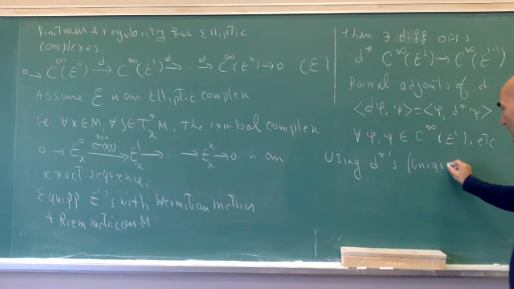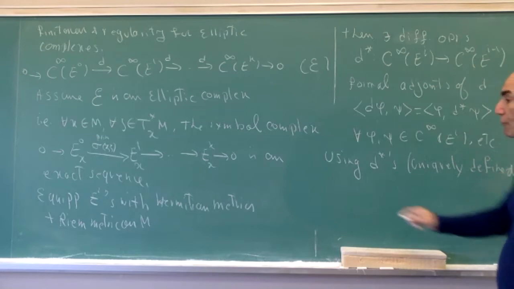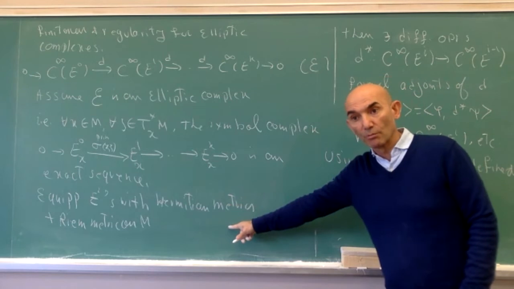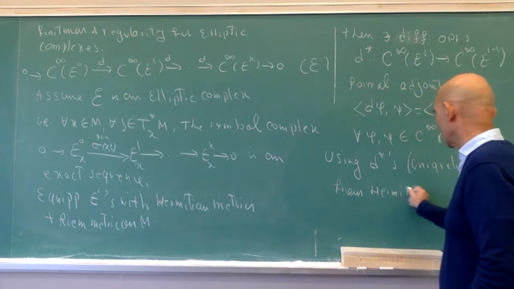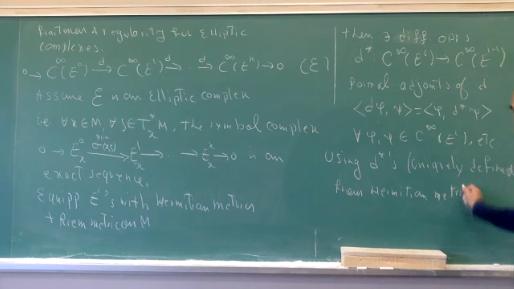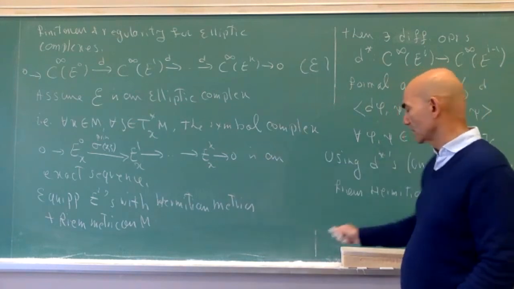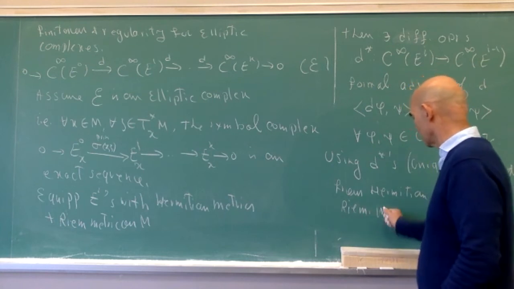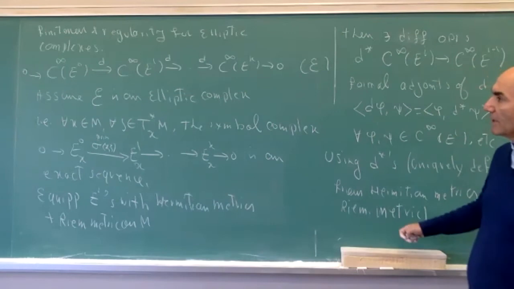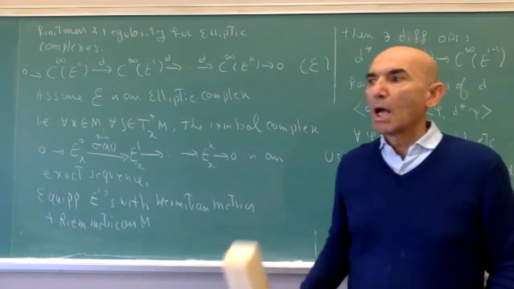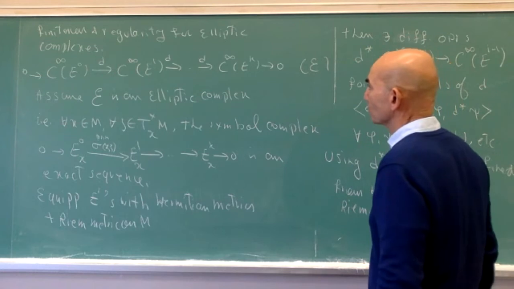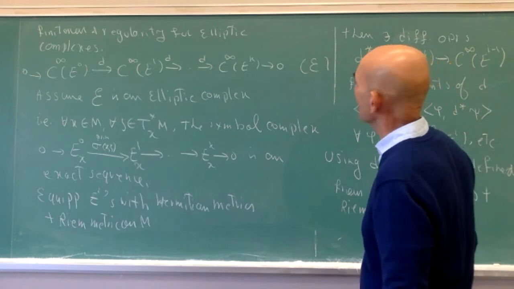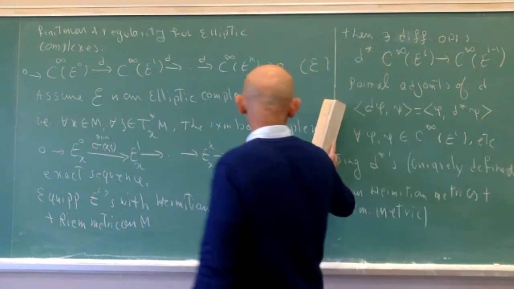This is important: uniquely defined, of course, fixing Hermitian metrics plus the Riemannian metric with its volume form. Then we can construct Laplacians.